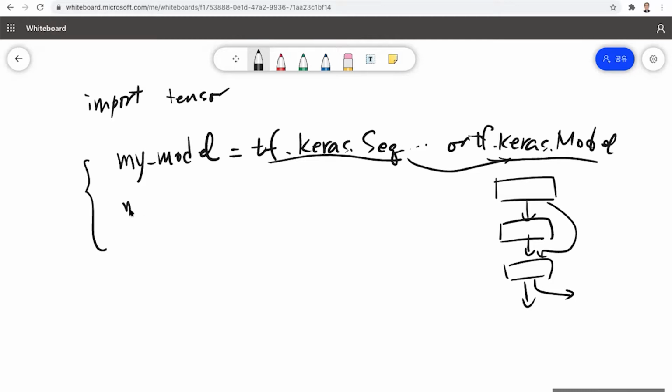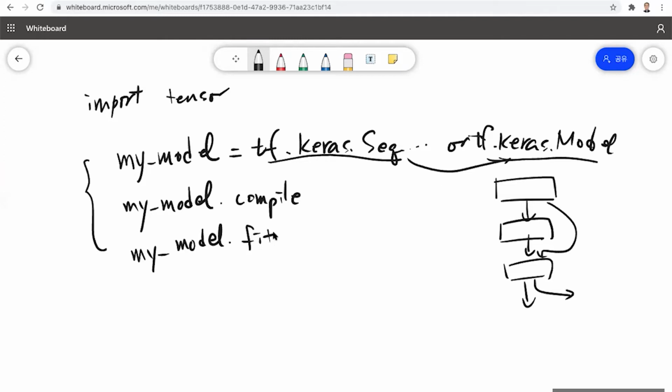And then you can do the compile. And then you can actually try to find the actual numbers, the actual weights and actual biases. So that's the step of fit.